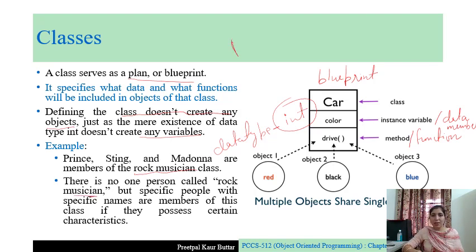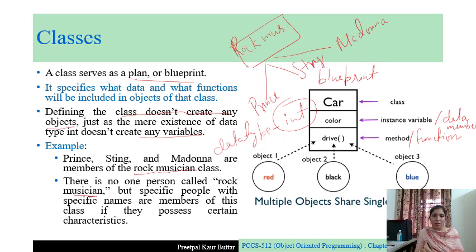There is no person rock musician. This is just a class. Okay. But when we create such persons which possess the properties of a rock musician, we can say that those persons are the objects of the rock musician class, such as Prince, Sting and Madonna.